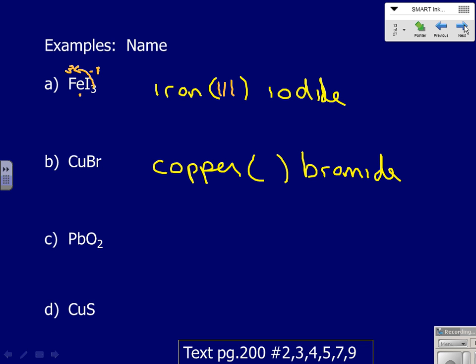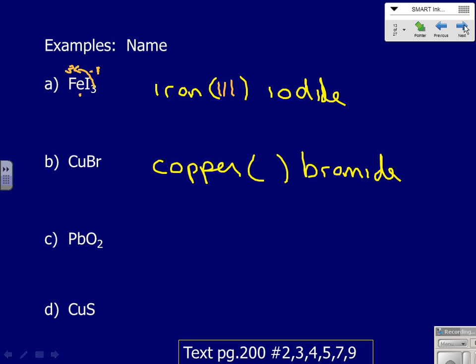Think about the possible formulas if it was copper 1 or copper 2, and then just tell me, which one does this have to be? Kendall? Yeah, it's copper 1. It has to be. That's the formula. Because what's the charge for bromine? It's in the main group, group 17.